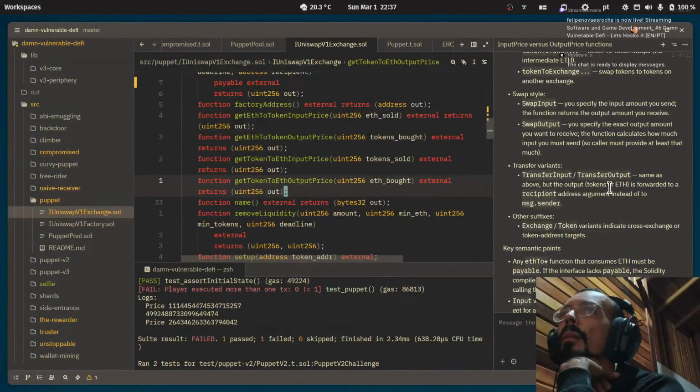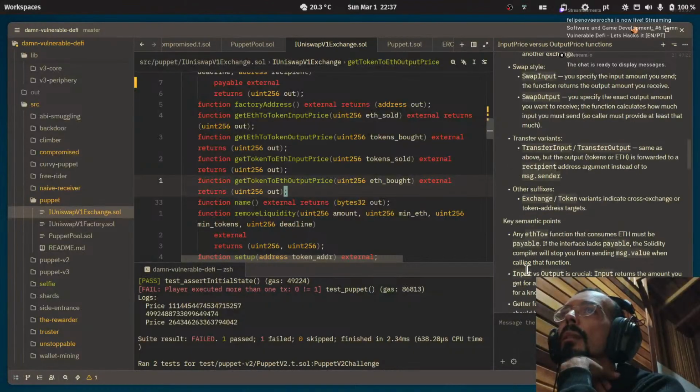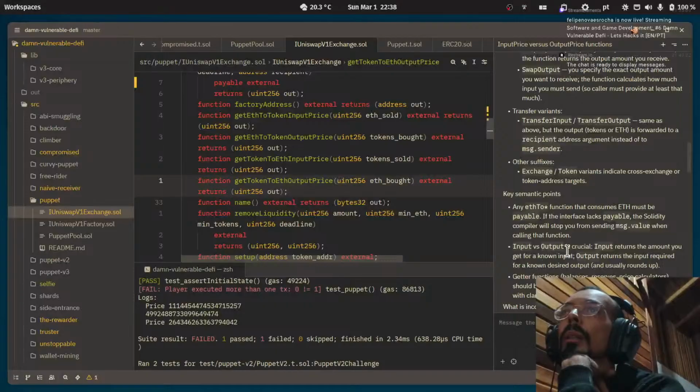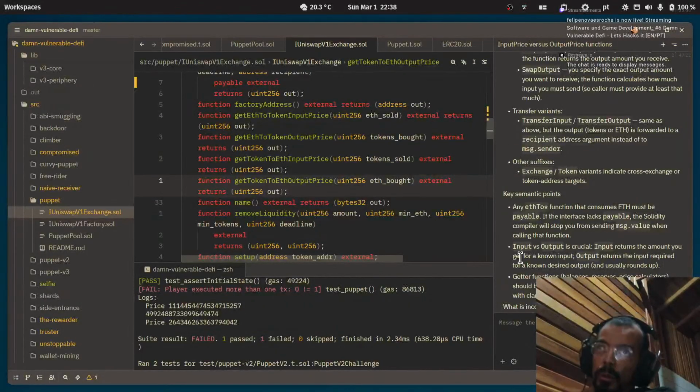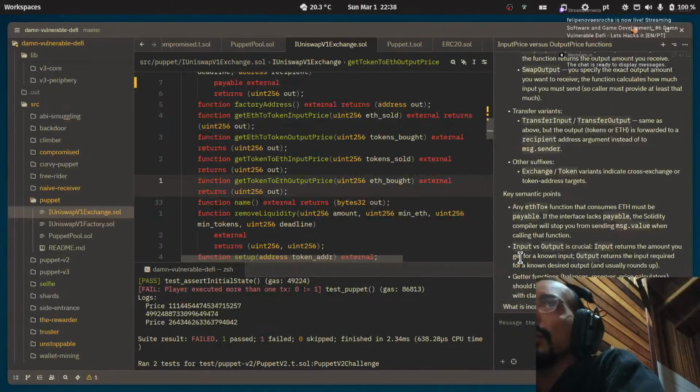Here they explain some semantics. So any Ethereum to token functions that consume Ethereum must be payable. Okay. Input returns the amount you get for a given input. Output returns the input required for a desired output.